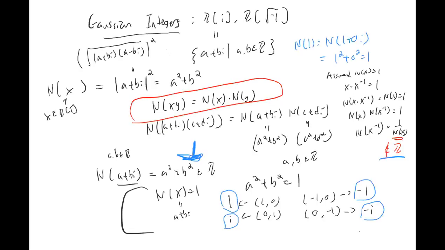If the norm is 1, let x be a plus bi, then the norm of x is a squared plus b squared. And I know that's 1. So if you think about it, there's only 4 choices for a and b, because a and b must be integers. So it's 1, 0, 0, 1, negative 1, 0, 0, negative 1. Okay, great.